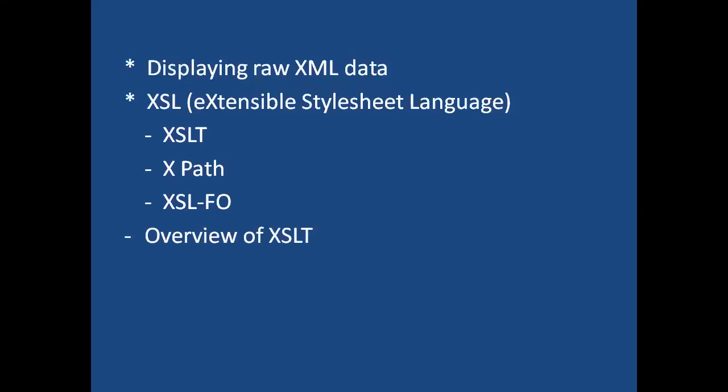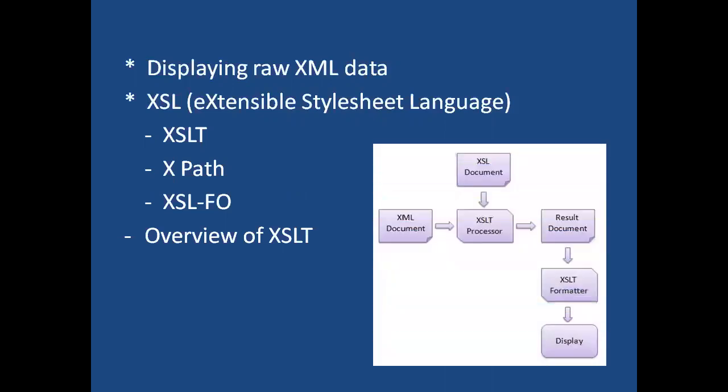Overview of XSLT. XSLT provides the ability to transform XML data from one format to another automatically. Let's see the working of XSLT. An XSLT style sheet is used to define the transformation rules to be applied on the target XML document. The XSLT style sheet is written in XML format.